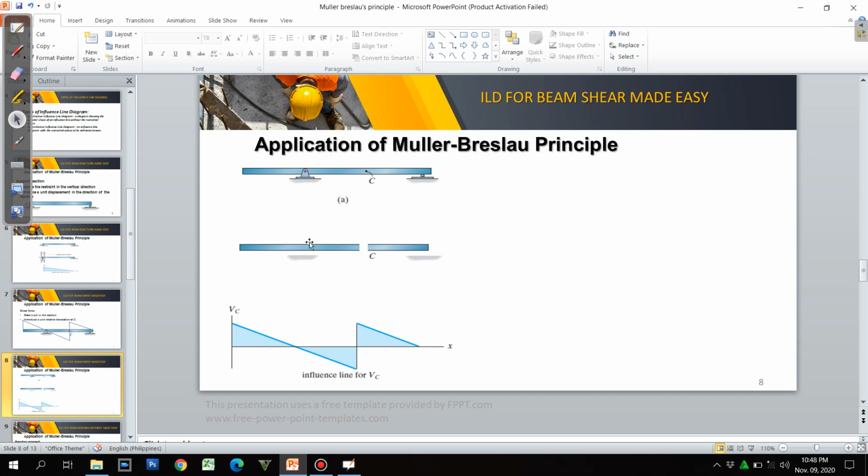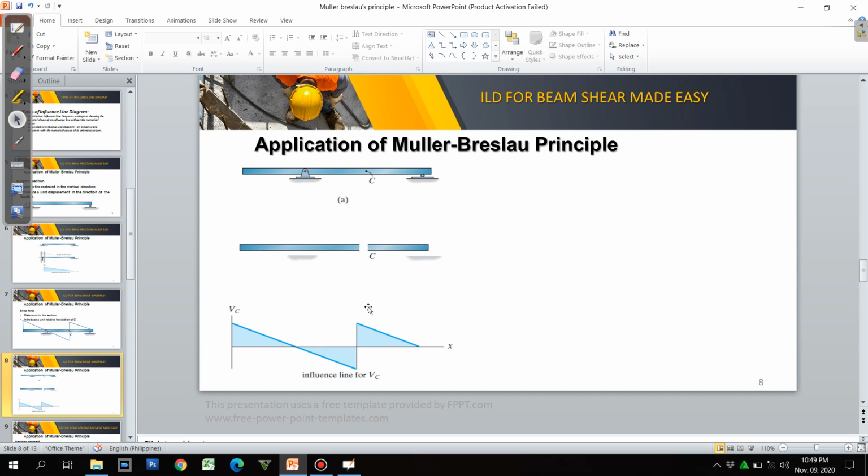And if we have a pin connection, it tends to rotate this one, and it is restrained in one position. Okay, so do not displace this one because this is pin connected. It will just rotate. Okay, so if we push this downwards, the left portion, this will go up because this is pin connected at this point. So that is the Mahler-Breslau principle.